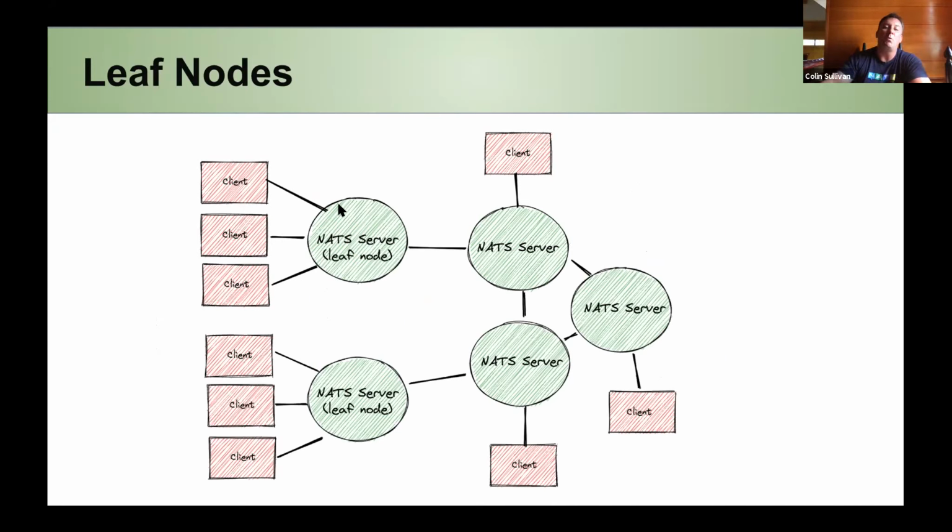And what happens is any data between these clients will stay on this leaf node except for data that's supposed to go to the cloud. This solves a lot of problems in edge computing and allows you to build just massive, massive NATS deployments and ultimately have millions of client connections, millions of clients operating, yet still have access anywhere in your NATS deployment.